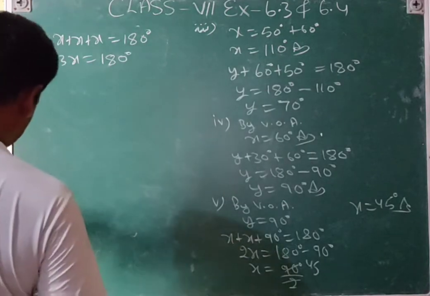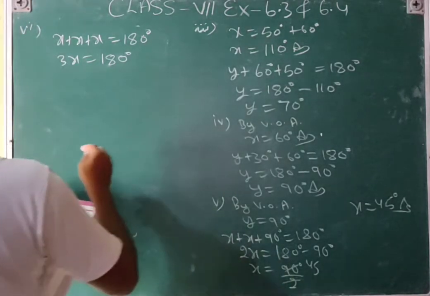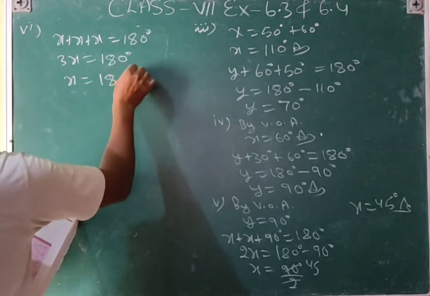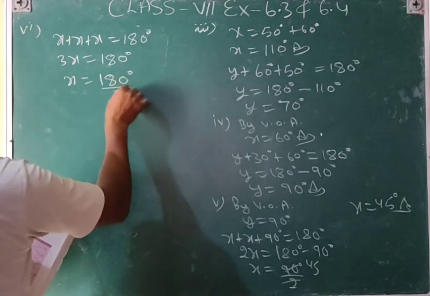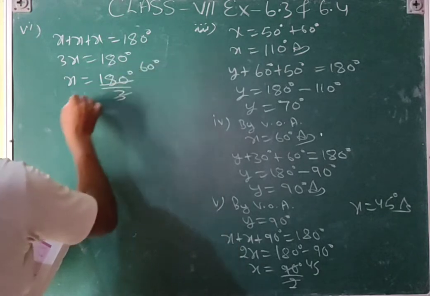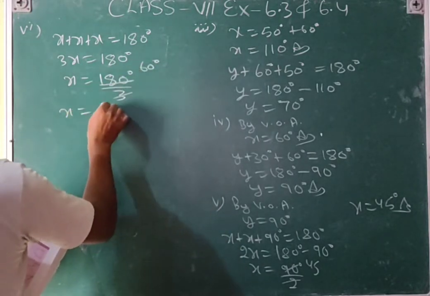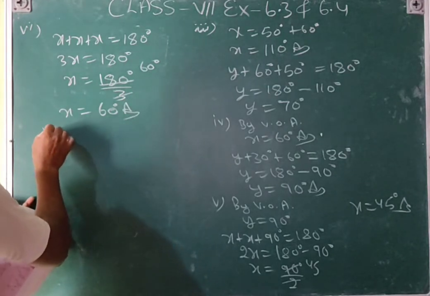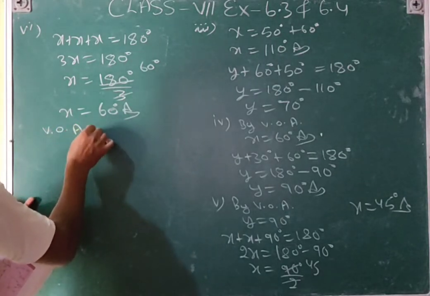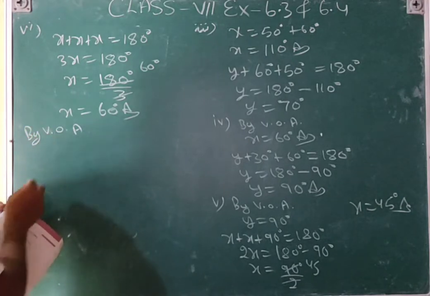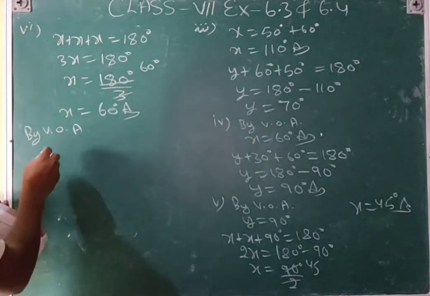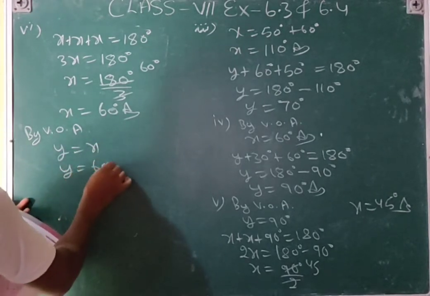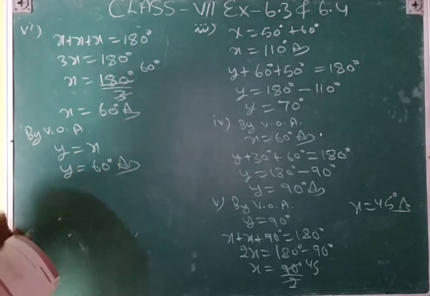Similar thing, sum of angles of triangle property, that x is equal to 180 degree upon 3, that is 60 degree. That is the answer. By vertically opposite angle, y is equal to x. So y is equal to 60 degree. This is also the answer.